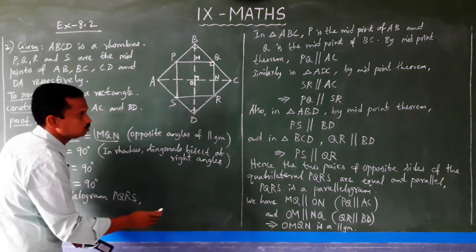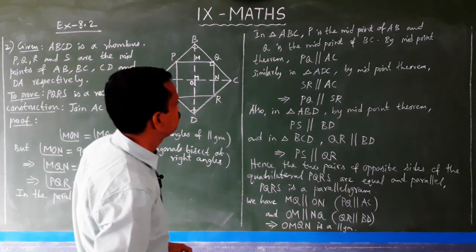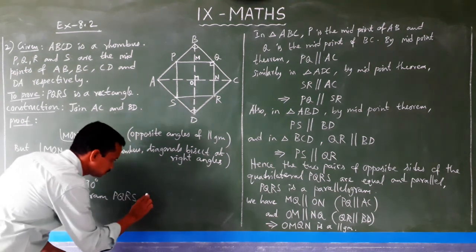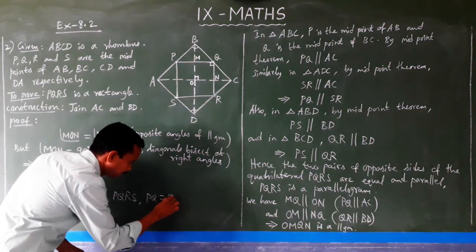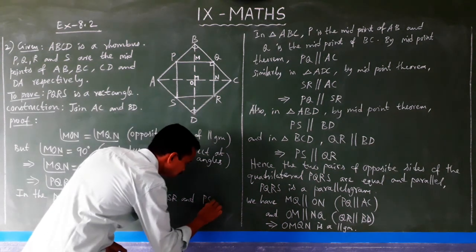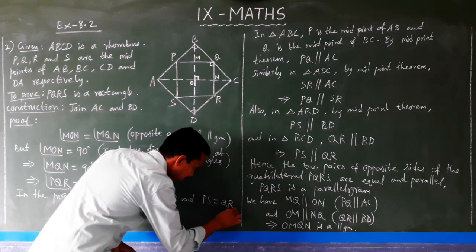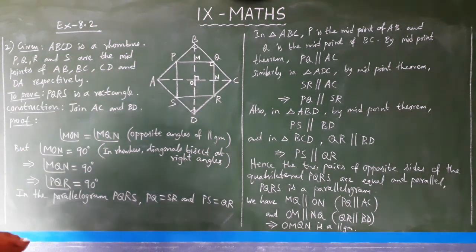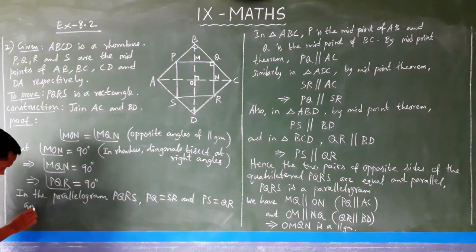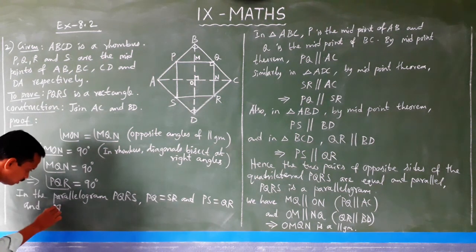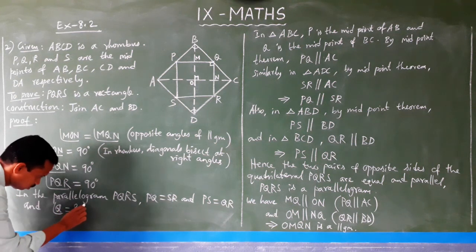You see, already we have proved it, but I rubbed it. PQ is equal to SR and PS is equal to QR, and one angle, angle Q, that is PQR, is equal to 90 degrees.